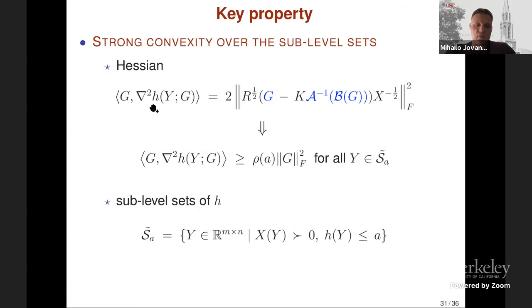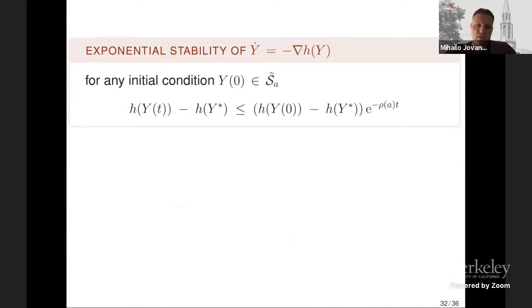Hesam very skillfully managed to show that in addition to convexity, we have strong convexity, where this set here is nothing but a sub-level set over the set of stabilizing matrices Y. In these new coordinates, once you have strong convexity, all results come for free because the PL condition is immediately satisfied, and you can essentially establish exponential stability without any issues.